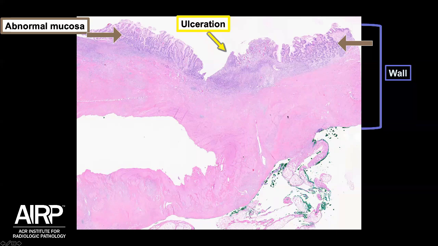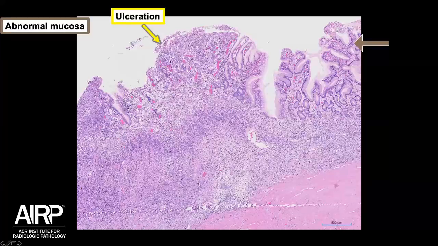As we zoom in on this area, we see the edge of the ulceration, focusing in on that abnormal mucosa. We can see that there's something infiltrating throughout the wall. It's not really mass forming, and it's not really homogeneous. It's very heterogeneous, with almost round things infiltrating with some inflammatory cells. So we have a more heterogeneous appearance.